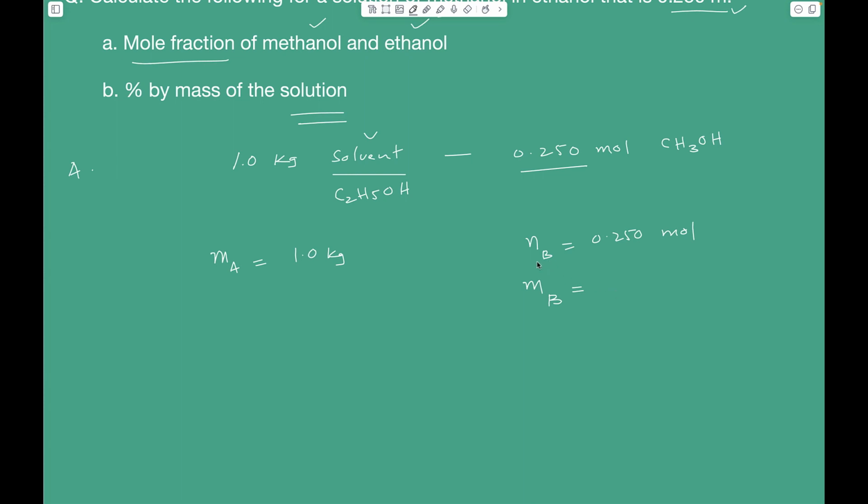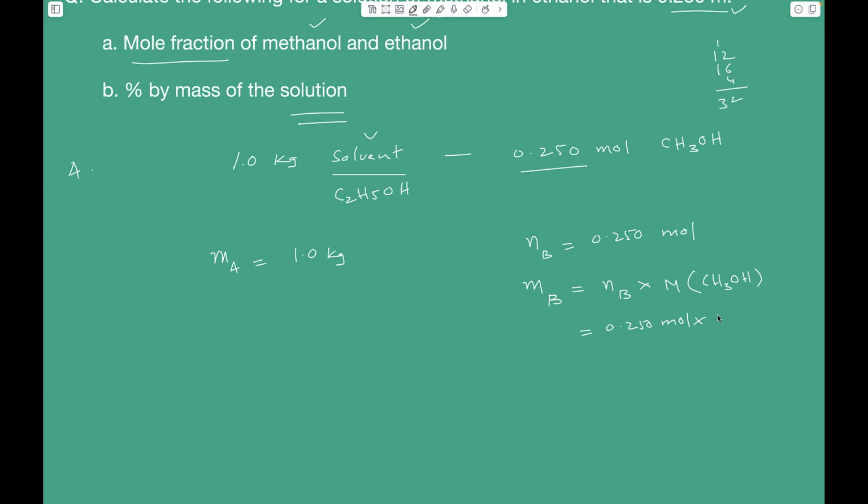Then how do you figure out the mass of the solute given the number of moles or amount of substance? You have to multiply it with its molar mass, right? The molar mass of CH3OH. The number of moles is 0.250 mole multiplied with what is the molar mass of CH3OH? 12 plus 16 plus 4, right? 12, 32.